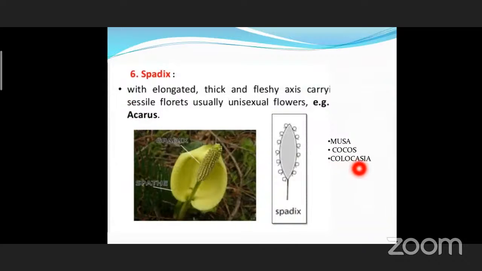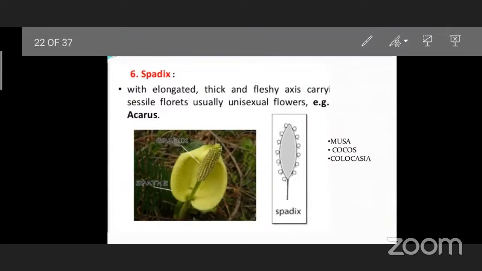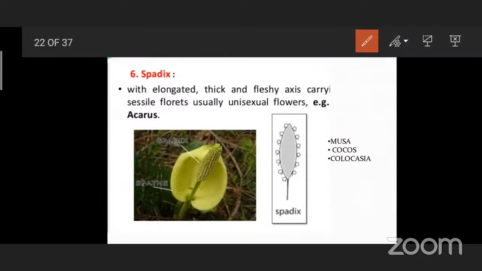These are examples of spadix simple racemose inflorescence. See here, this is called the spathe. In some of the plants, the sessile, unisexual and neuter flowers are arranged in acropetal succession. These are protected by the modified bract. This is known as spathe.